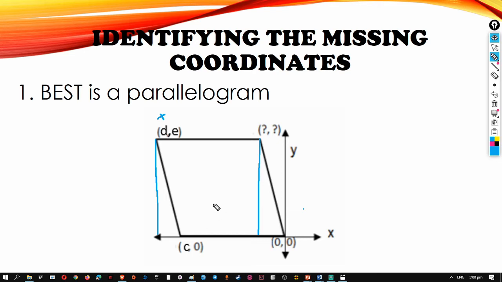Okay. Ngayon, ito, kumapit ako na ibang kulay. So, ito, at ito, ay the same, di ba? So, if the distance of this is D, so D siya, di ba? D. So, this is also D.